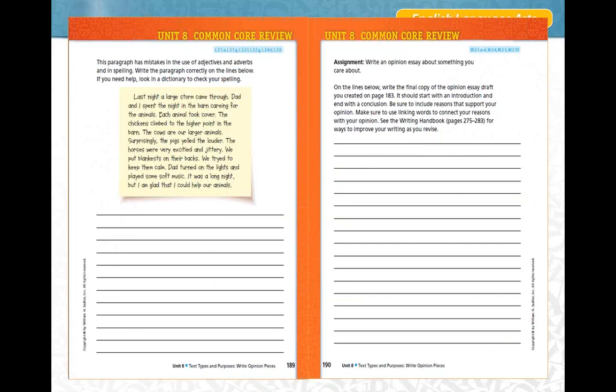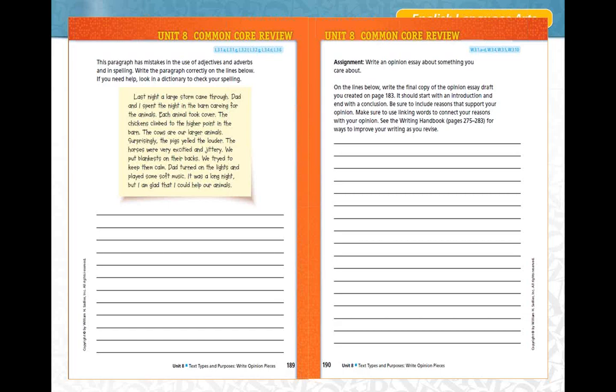At the end of every writing unit, we have a Common Core review. Now on the left-hand page, this is actually a new paragraph that the students will have to read and edit and suggest the corrections on the lines below. So this will actually address the language skills that they've learned in this unit.